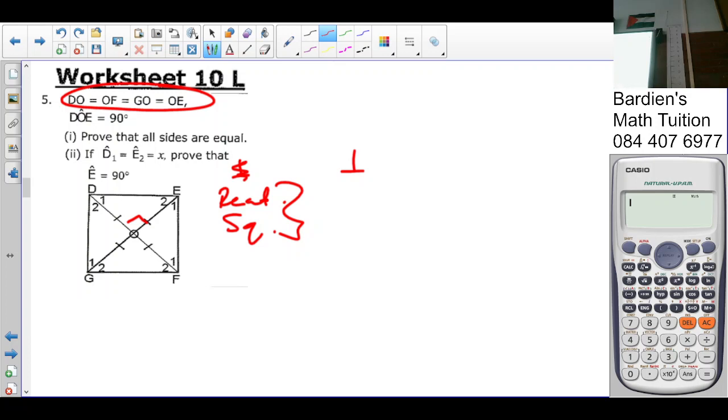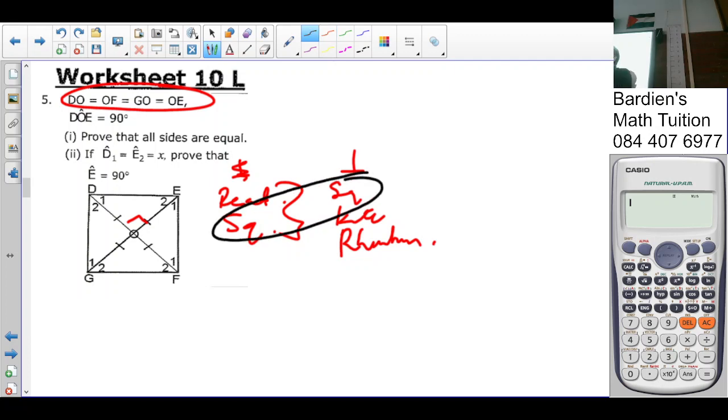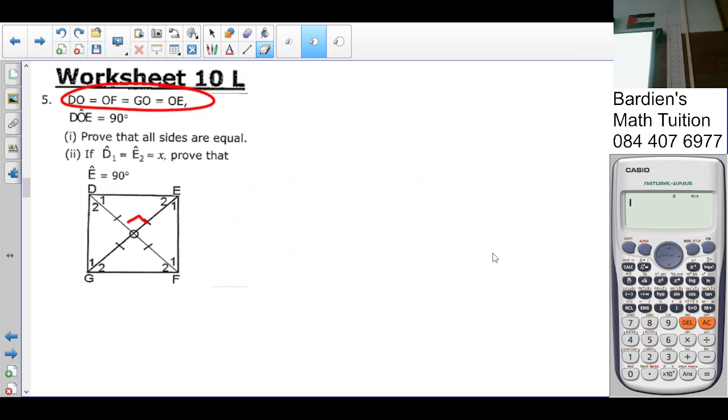What are the three shapes? A square, kite, rhombus. So what do you notice? Square is in both. So it has to be a square. Did you guys see that? But this is just doing in your head, no? You don't write it. Right, so let's see what they say here. Prove that all sides are equal.